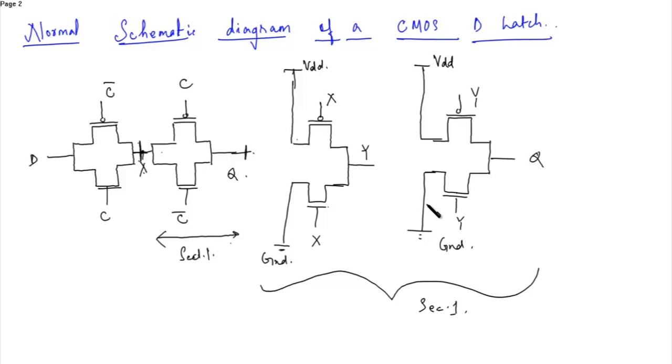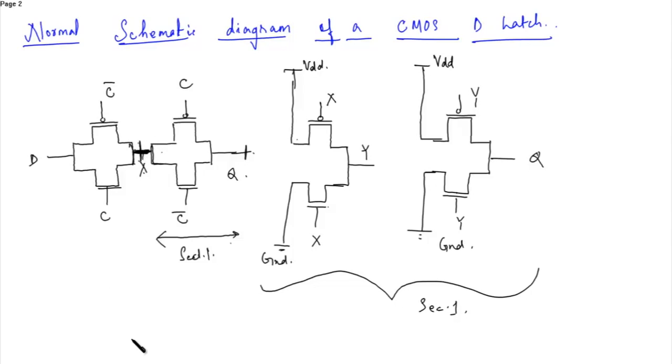If you want to draw the transmission gates in a different way, you can see over here that we put a contact like this. We could have joined it directly without placing this contact.